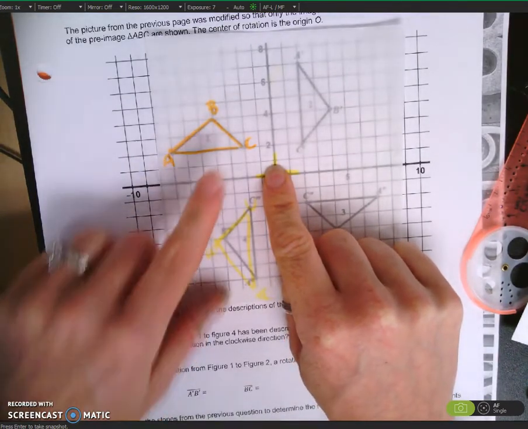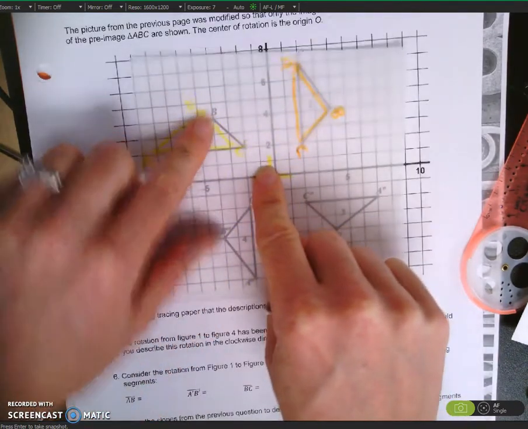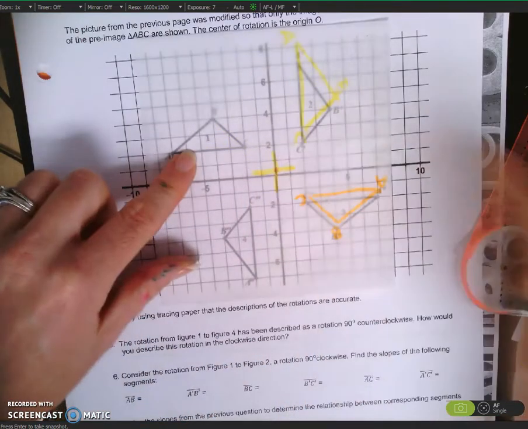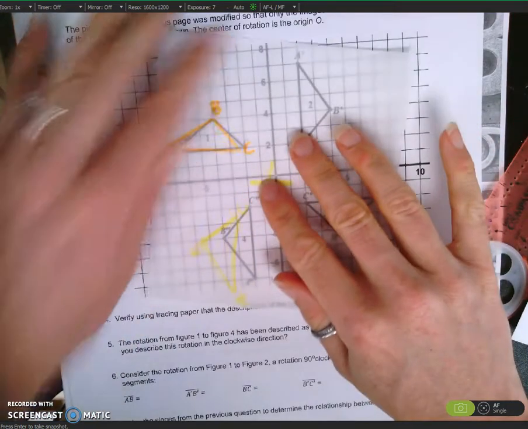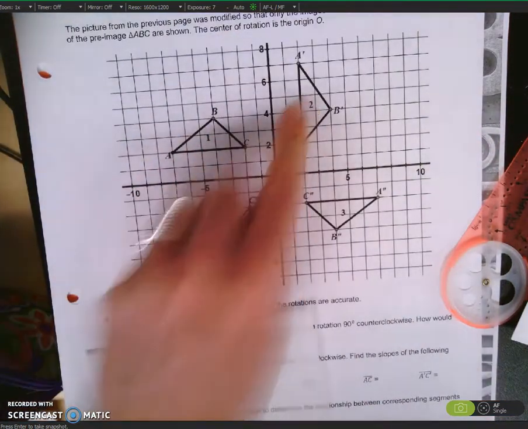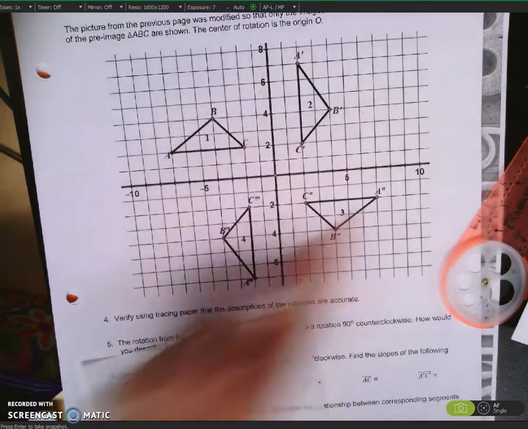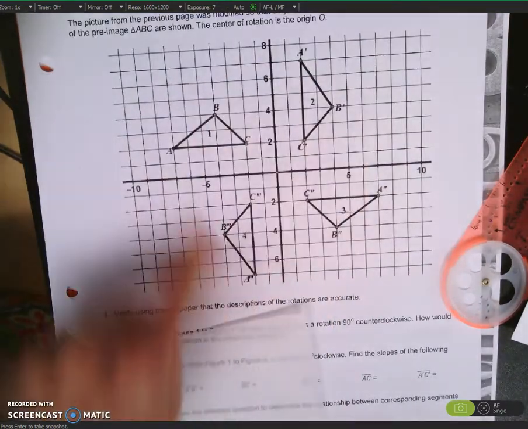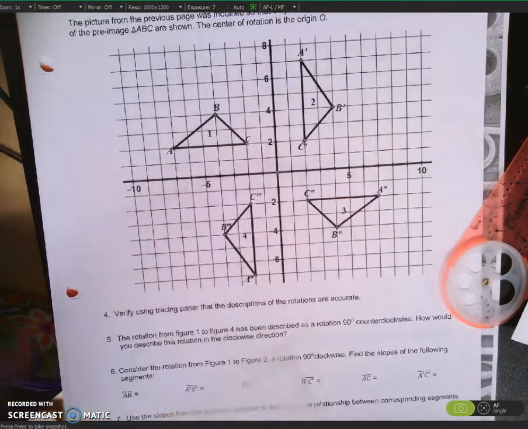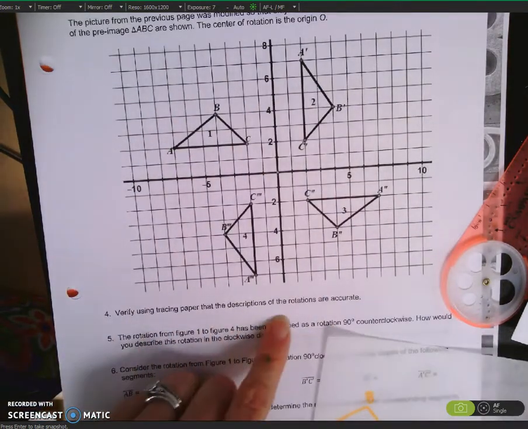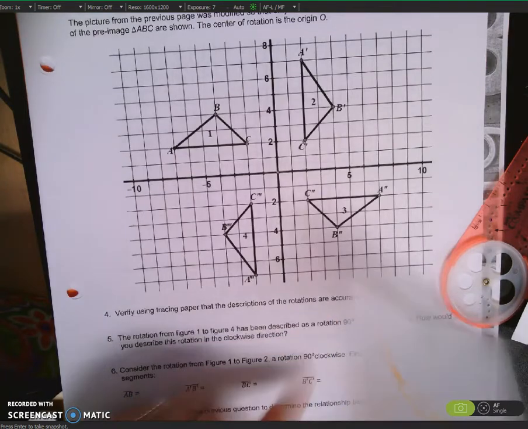But notice we're only rotating in increments of 90 degrees. Because we're going to follow the numbers 1, 2, 3, 4, this direction that we're rotating is, that's right, clockwise. So verify using tracing paper that the descriptions of the rotations are accurate.